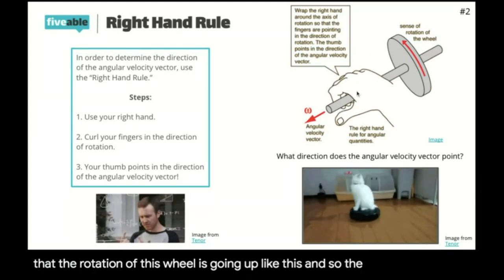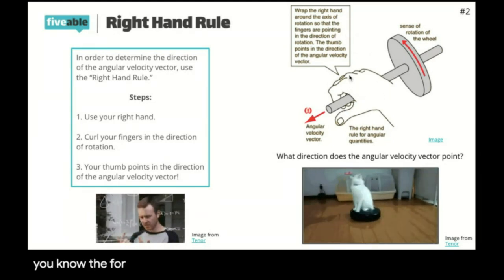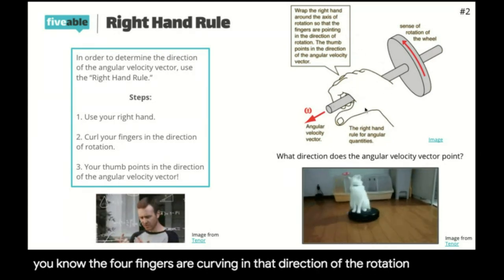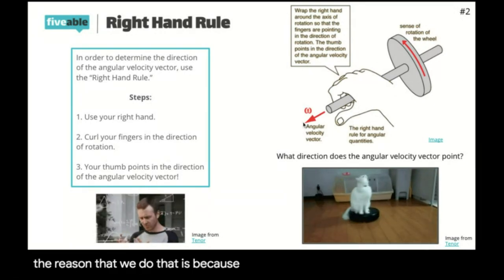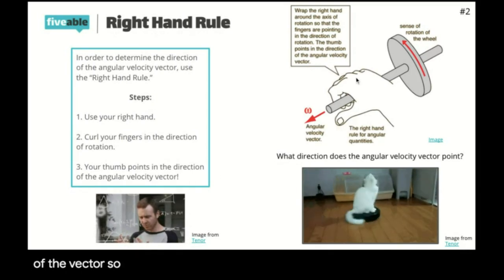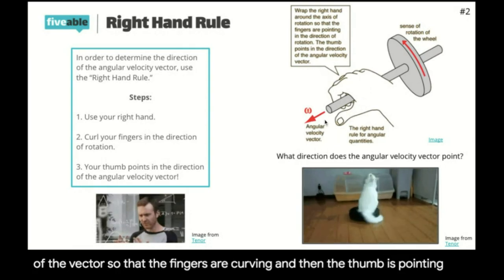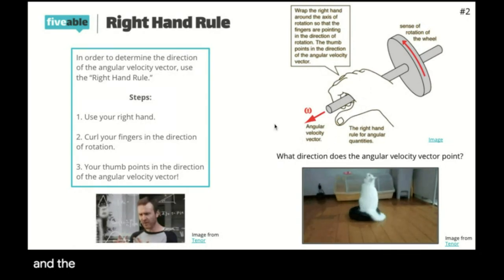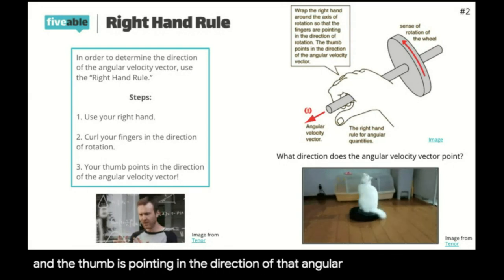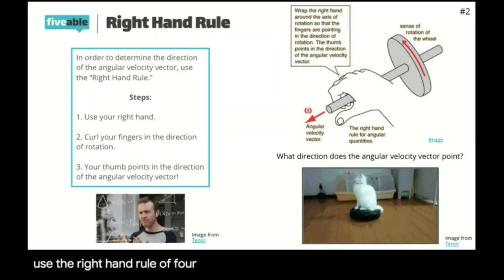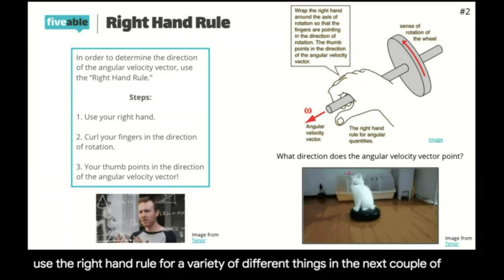And so the four fingers are curving in that direction of the rotation. The reason that we do that is because your thumb will point in the direction of the vector. So you can see that the fingers are curving, and the thumb is pointing out, in the direction of that angular velocity vector. We'll use the right-hand rule for a variety of different things in the next couple of crams.